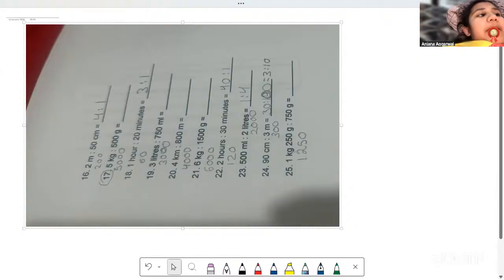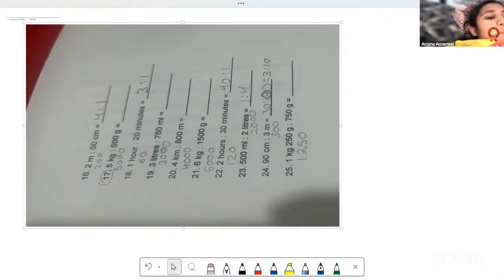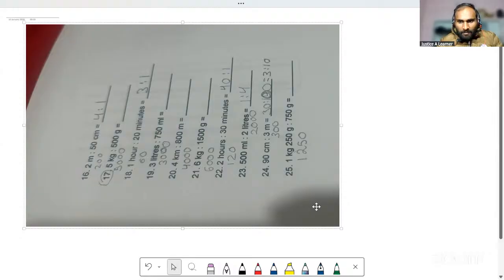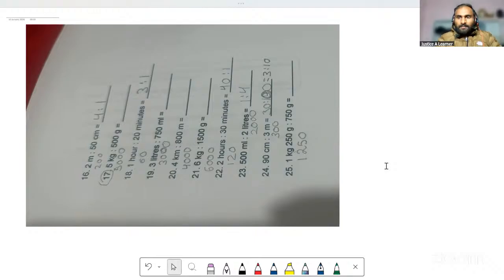Maybe if you give me the pen, I'll show you what you can do. Yes, wait. Yeah, you got the access. Try pressing that with the 3 dots.